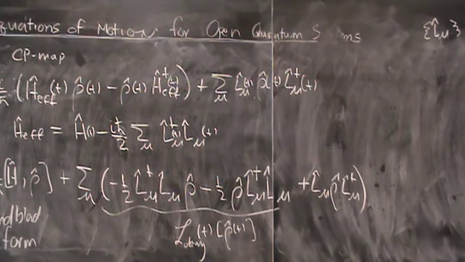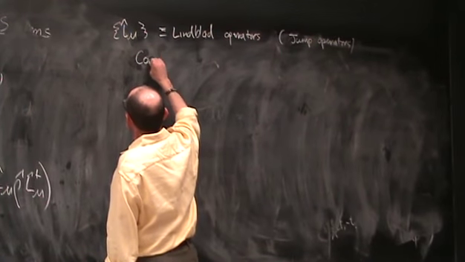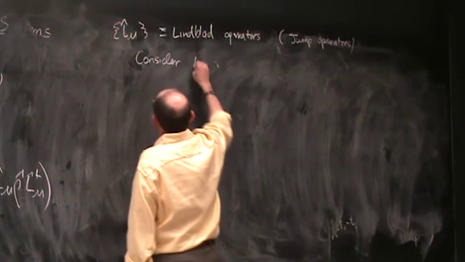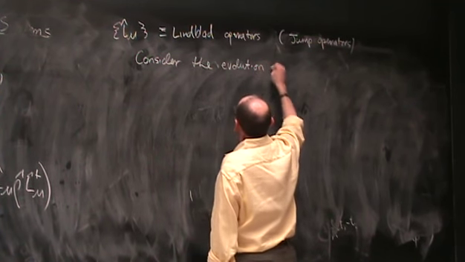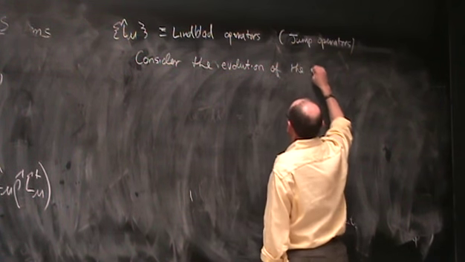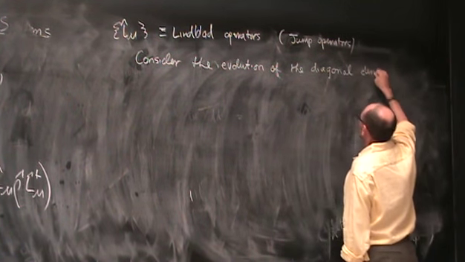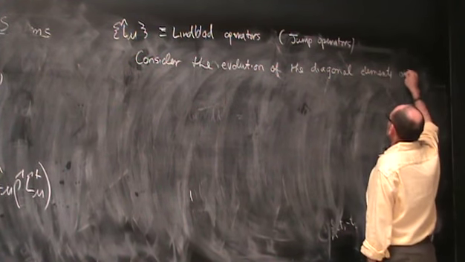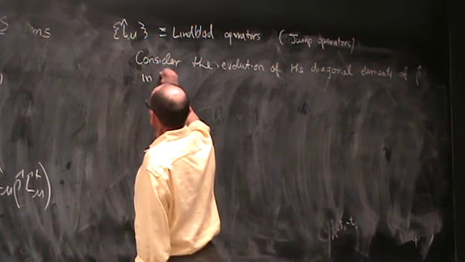Indeed, there was. Right. Okay. So let's look at the following situation. Let's consider the evolution of the diagonal elements of rho in some basis.